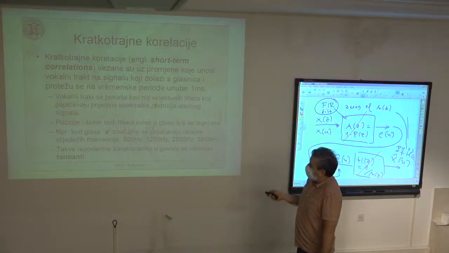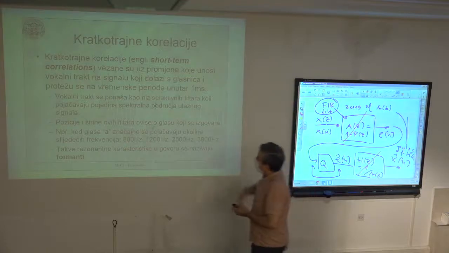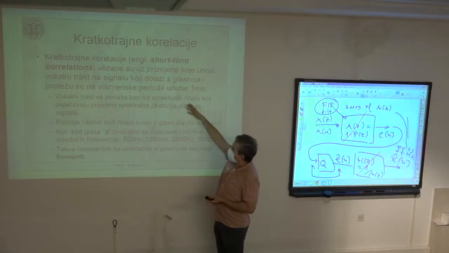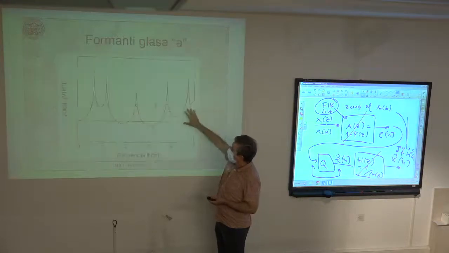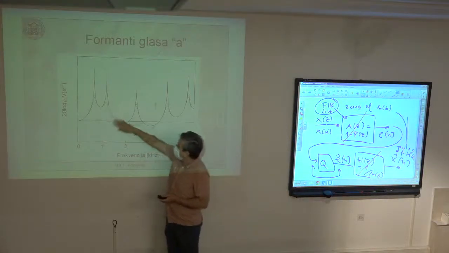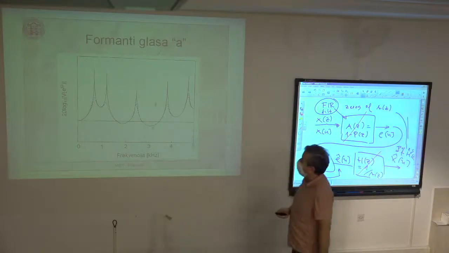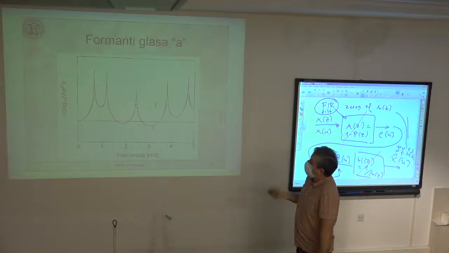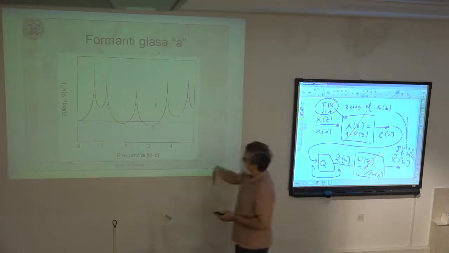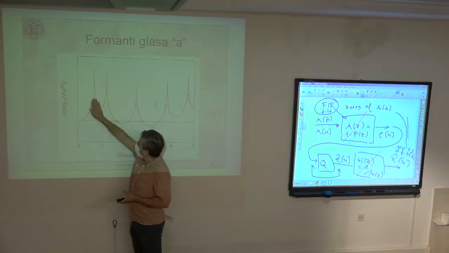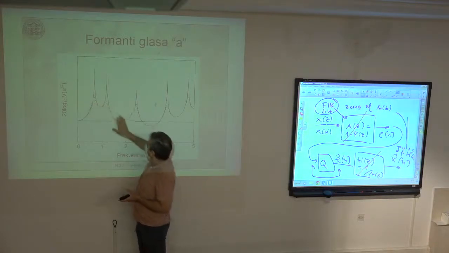And this short-term correlation is due to the fact that the vocal tract behaves as a set of selective filters, which are emphasizing certain spectral regions of the signal. For example, this will be the transfer function. So this is the amplitude characteristic, the amplitude transfer function for one vowel, maybe vowel A. When I'm pronouncing the vowel A, the transfer function of the vocal tract amplifies certain frequency regions with higher gain than others.